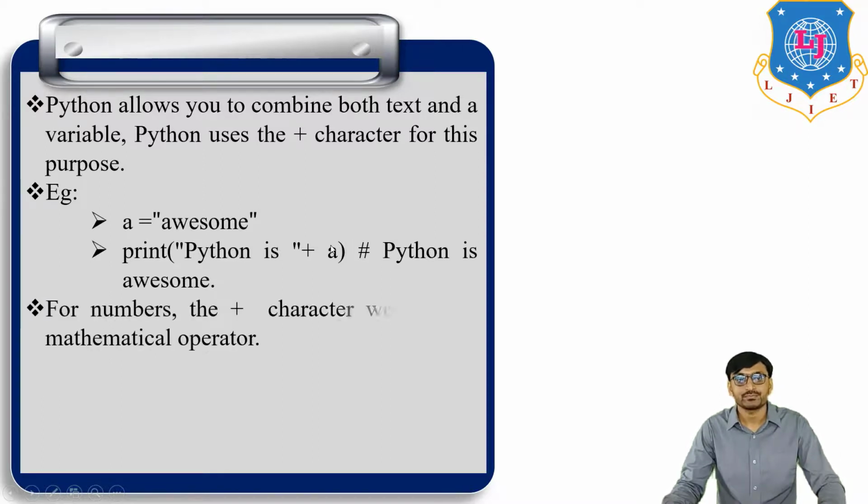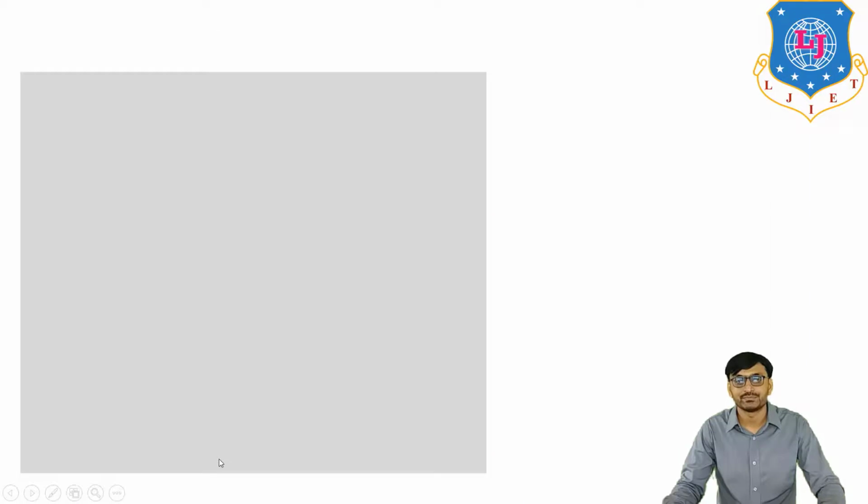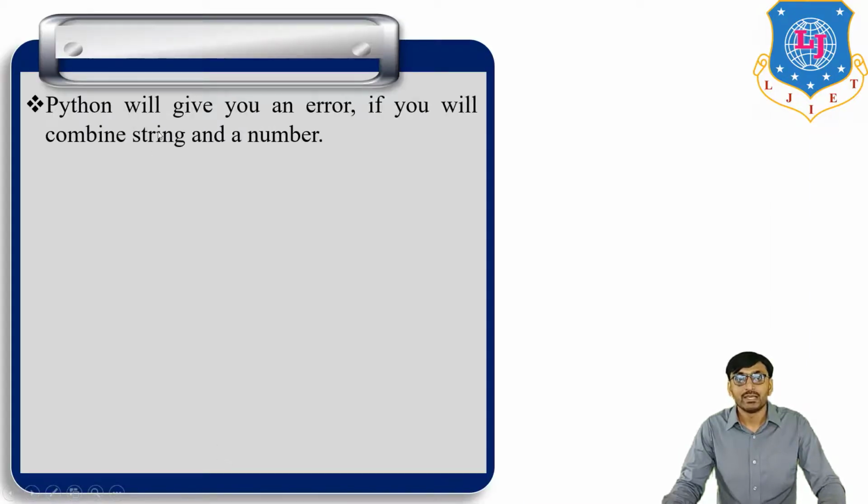For numbers, the plus character works as a mathematical operator. For example, A is equal to 20, B is equal to 30, then print A plus B, that is equal to 50. Then Python will give an error if you combine a string and a number.